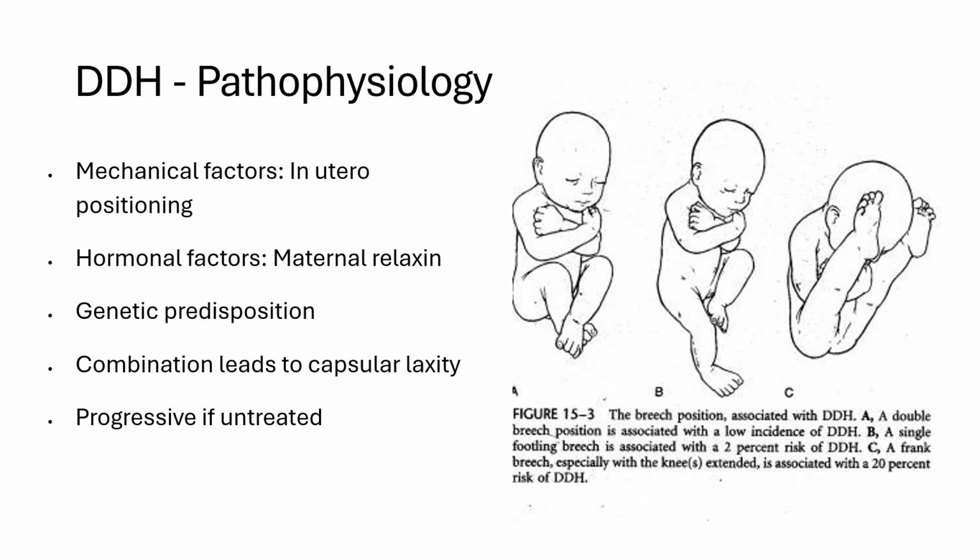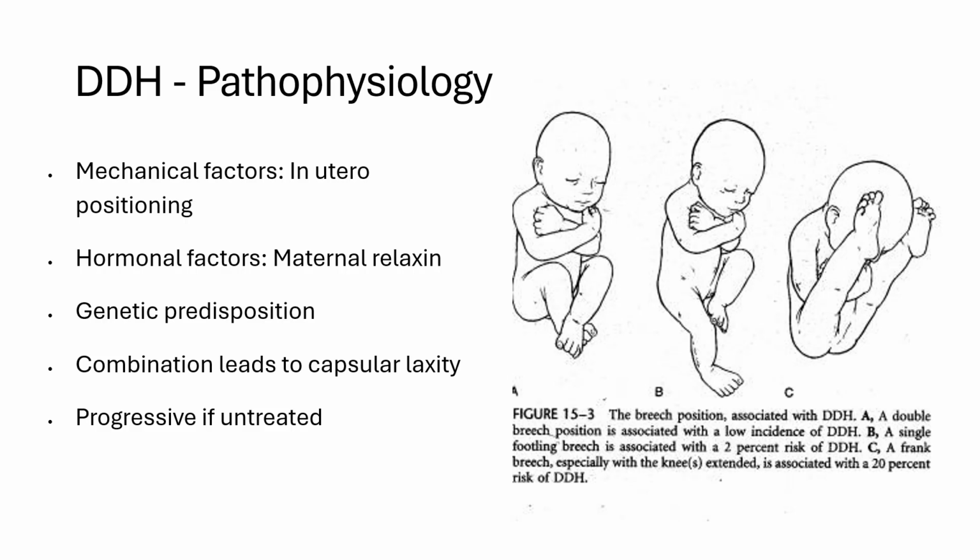The pathophysiology of DDH involves complex interactions between mechanical forces, hormonal influences, and genetic predisposition that work together to disrupt normal hip joint development. Understanding these mechanisms helps you appreciate why certain risk factors matter and how the condition progresses if left untreated.